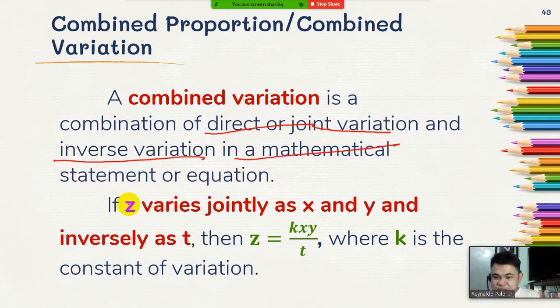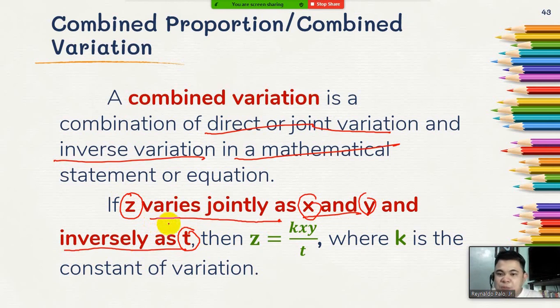So therefore, in symbols, let's say z is your dependent variable. Z varies jointly as x and y. As you can see, we have the statement varies jointly as x and y. We have two independent variables. And inversely as t, this is the additional variable. So this is an example of combined variation because of the statements varies jointly as and inversely as t.